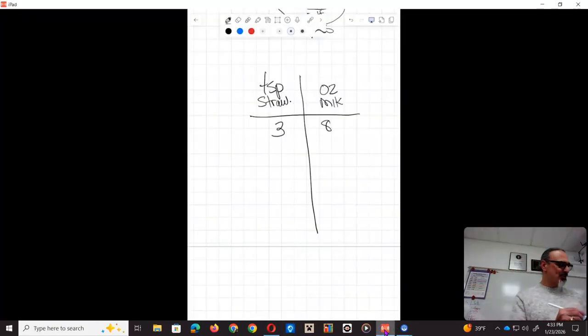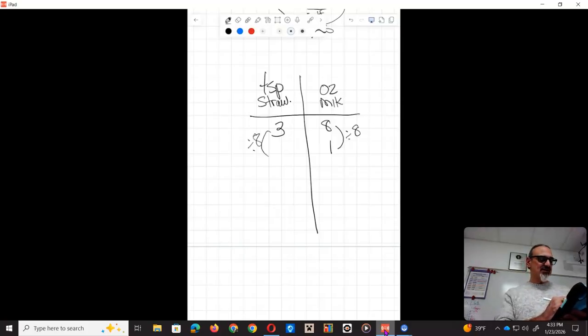If it's asking me per ounce, then for ounces, I have to come up with the unit rate of 1 ounce. All right, so if I divided 8 by 8, I have to take the 3 and divide it by 8. Well, without doing any decimal long division, I know that 3/8 or 3 over 8 is literally the definition of 3 divided by 8.